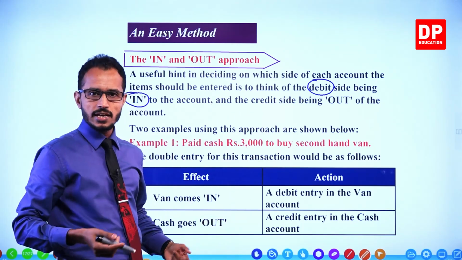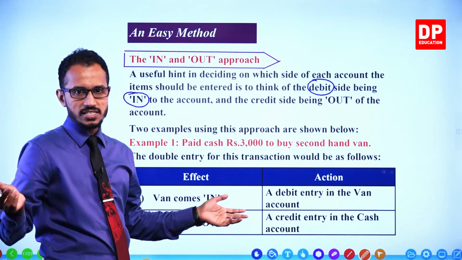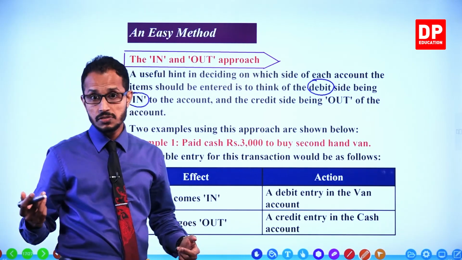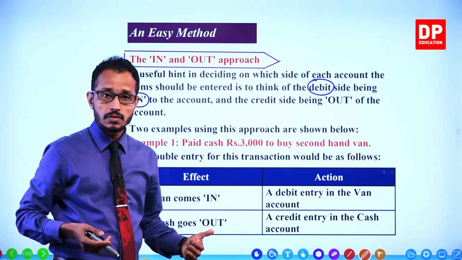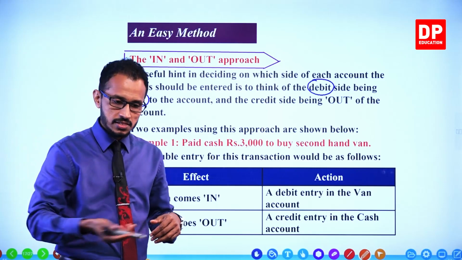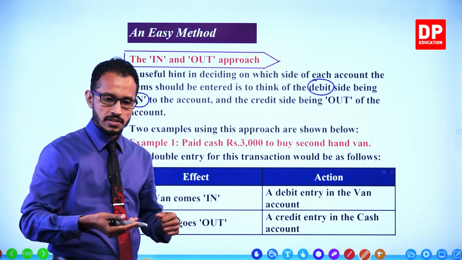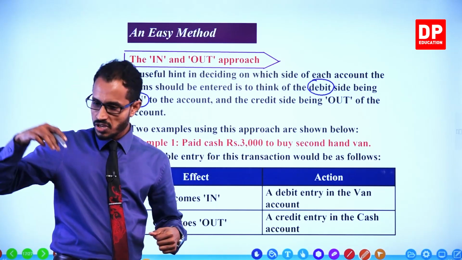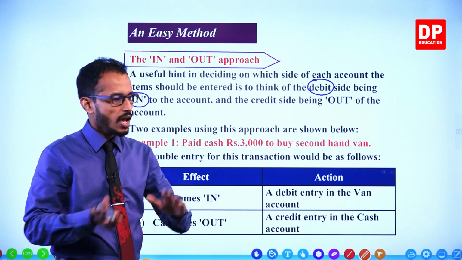Well, let's try it out. It's easy if you can do the debits this way. You think that all the coming ins, cash in, and the other assets in, van or equipment or machinery coming in, goods coming in, all ins are debit.